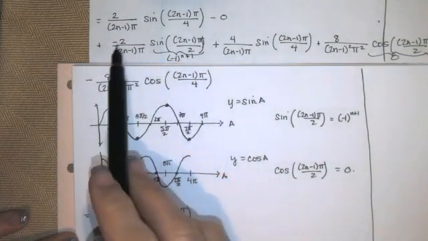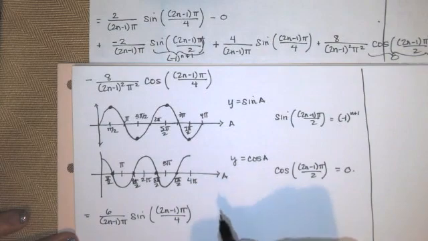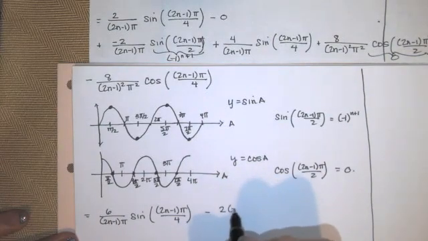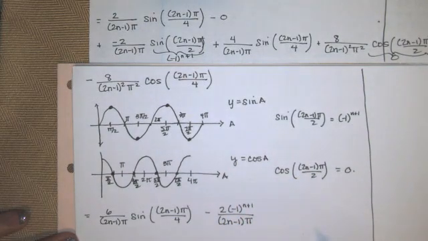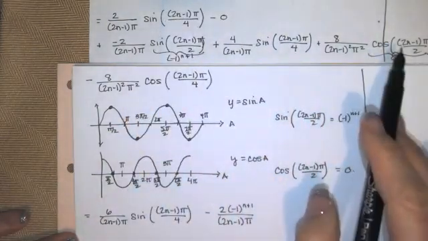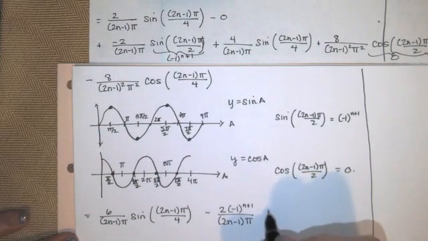Then I've got this guy, which alternates, -2 times -1 to the n plus 1 over 2n minus 1 times pi. And then we took care of that, and that. That's 0. And then we've got the cosine term.